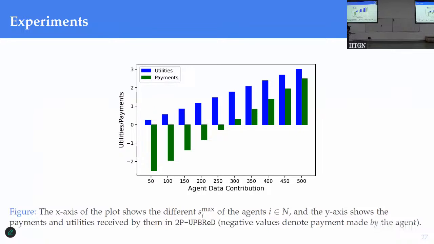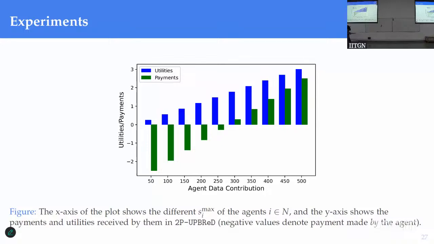Negative green bars mean that they are taxed, so they are data consumers. In order to learn the same model, they will have to pay a large amount of money, even though their utilities are still positive. Okay, so that's the two-phase best response dynamics.